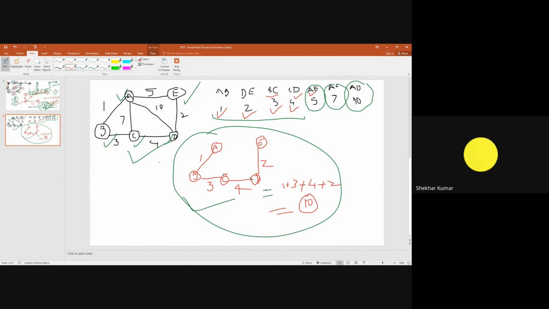By sorting these edges in ascending order according to their weight, I have found the minimum spanning tree, the spanning tree with minimum cost. So I have found the minimum spanning tree in the Kruskal algorithm by selecting a minimum edge in every step. Okay, now is it clear?